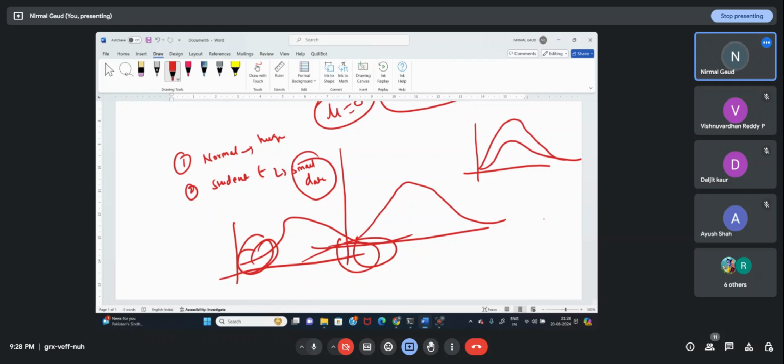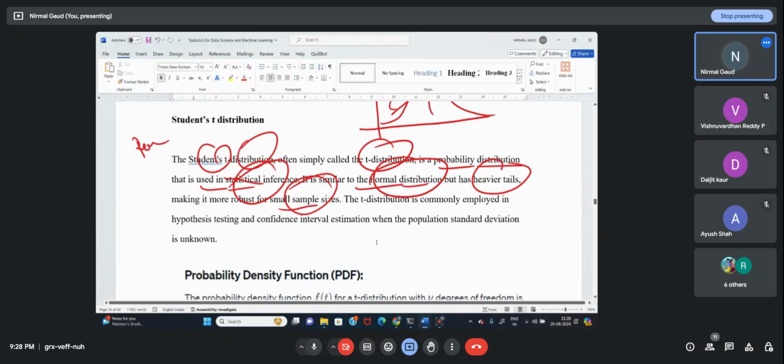Both look the same, but normal is applied over huge data and student T is applied over small data. Student T has heavy tails, normal does not have those heavier tails. That's the difference.